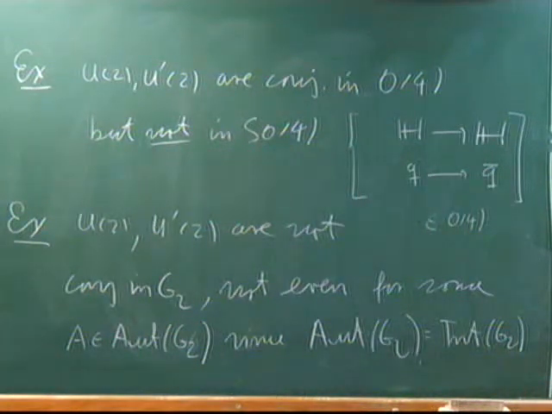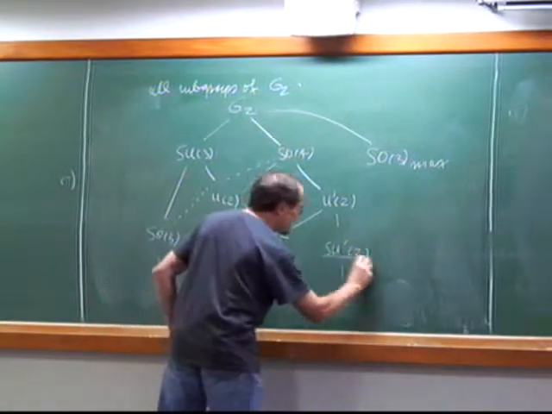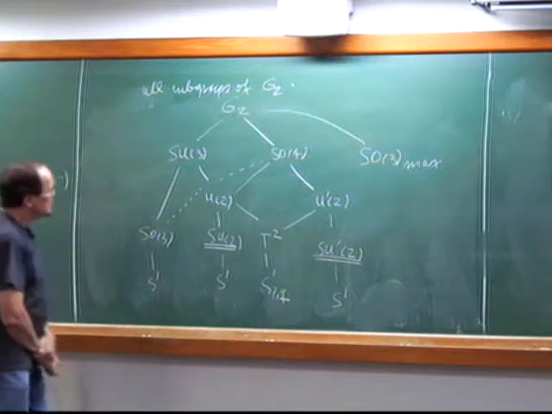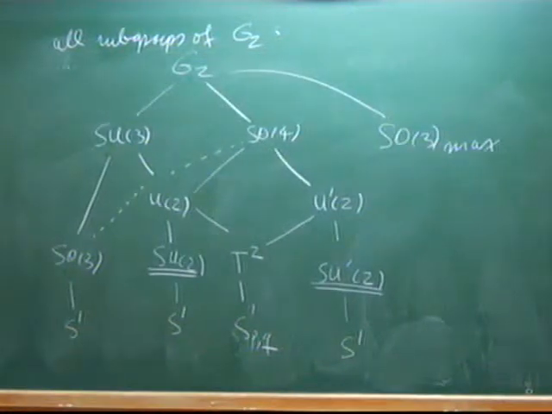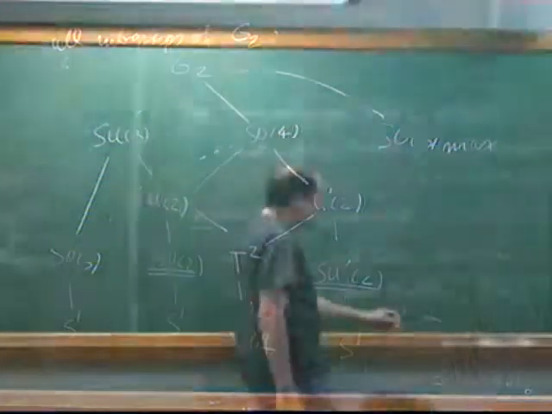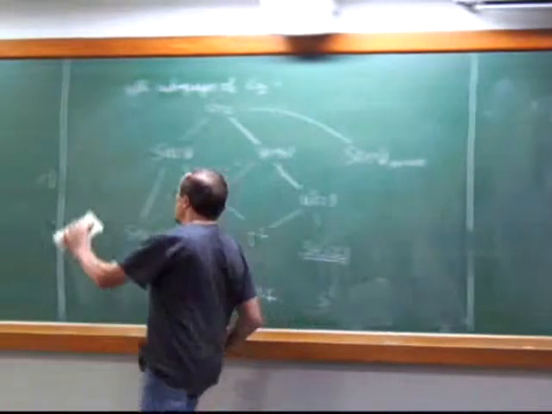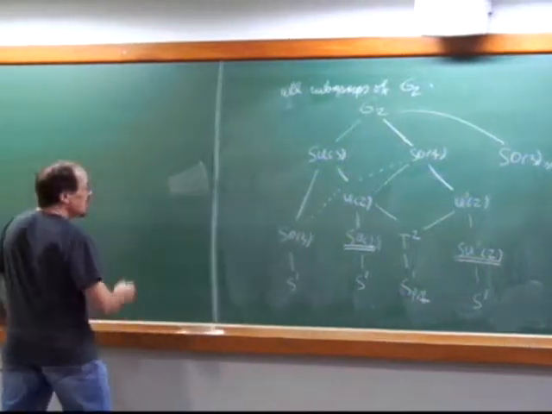And these two groups even can be distinguished topologically in the following way. That's kind of a fun fact. So connection is topology. So I want to show that these two SU2s inside G2 are completely different subgroups. And I do this as follows.